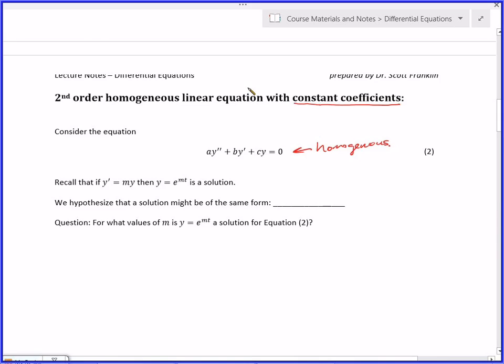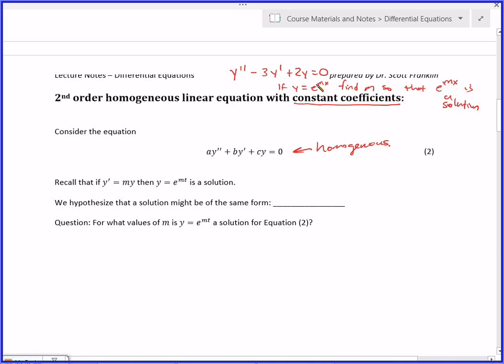Okay. I gave you something like y double prime minus, say, 3y prime plus 2y equals 0. That's just a simple example. And I said if y equals e to the mx, find m so that e to the mx is a solution.